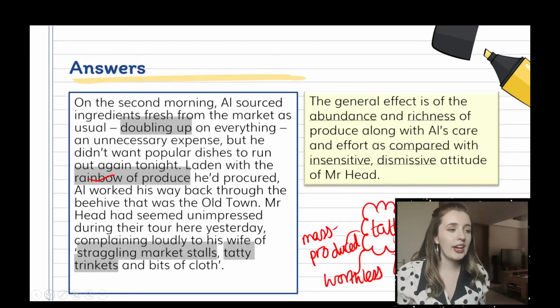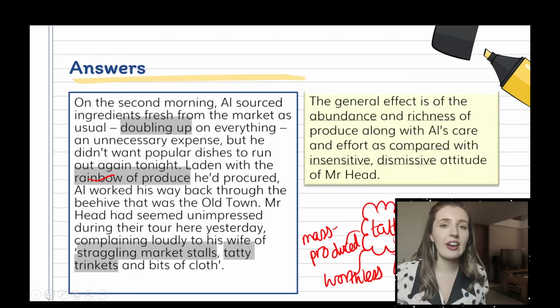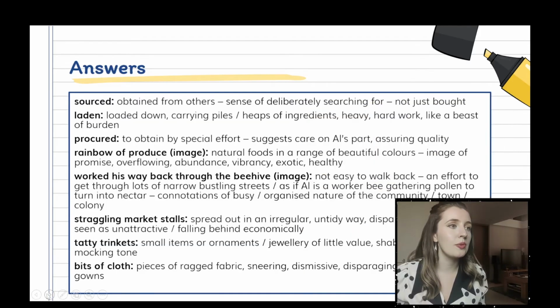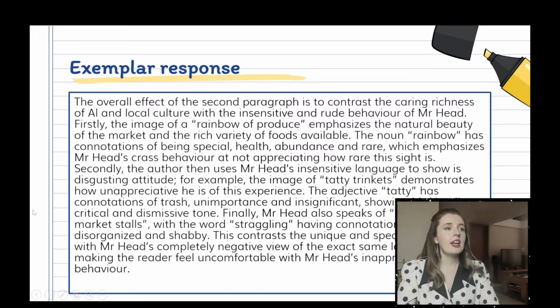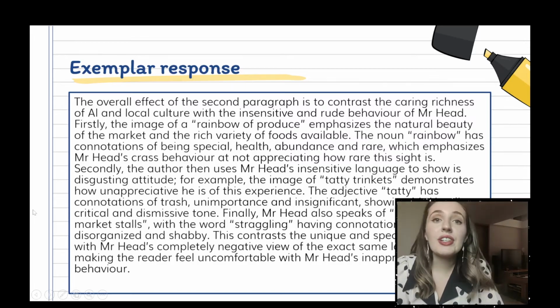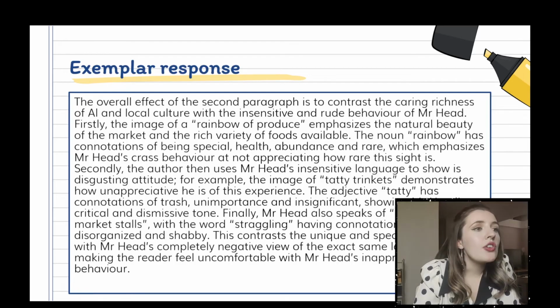Next, I want to show you guys an example of a full paragraph, right? So how would you actually write this up? So over here is my exemplar response. Let's read it together. The overall effect of the second paragraph is to contrast the caring richness of Al and local culture with the insensitive and rude behaviour of Mr. Head.